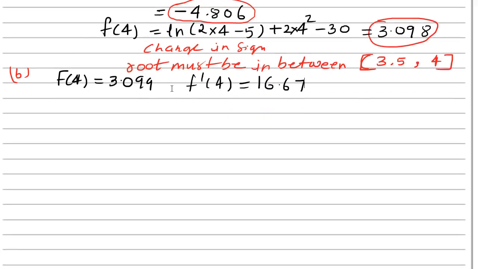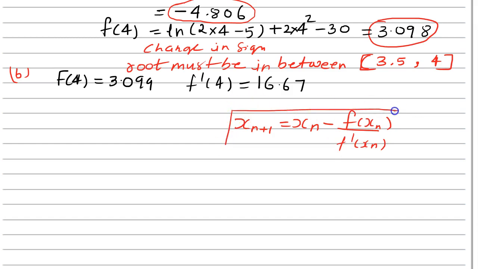So we need to apply Newton-Raphson's method. Let me write it down for you. x(n+1) is xn minus f(xn) divided by f dash(xn). This is your Newton-Raphson method.